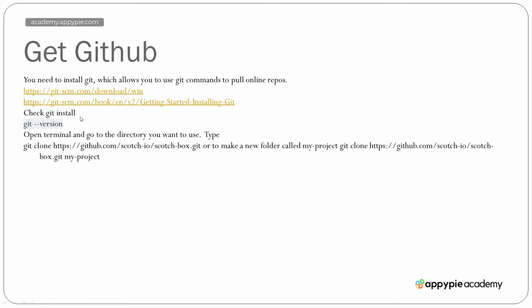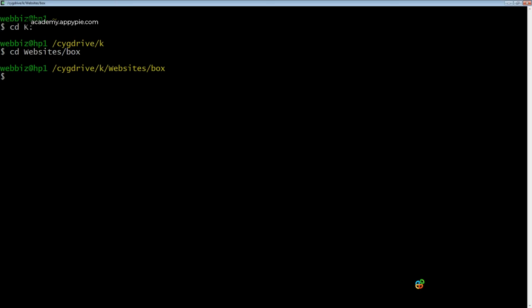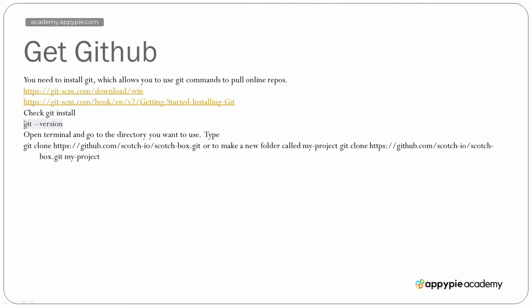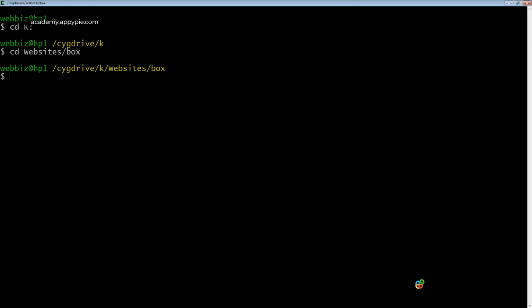And once we've got Git installed, we can open up a terminal and navigate to where we want to do the install, and we can do a quick check to see if Git is installed. So we can do git --version, just like this, to make sure that we do have Git installed on our system.